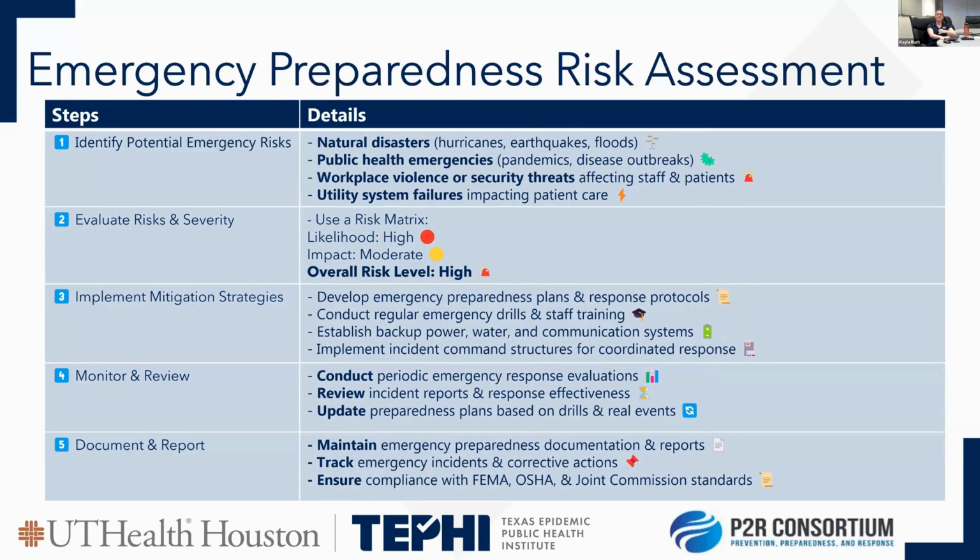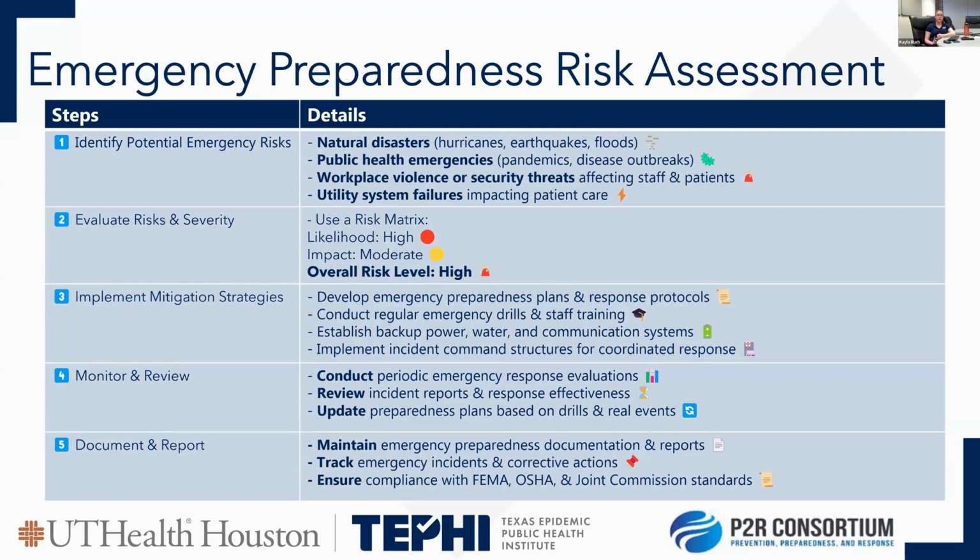For emergency preparedness, making sure that you are ready for anything, for pandemics and disease outbreaks, you are looking at the news and our HAN, our Health Alert Network system alerts that we put out, and other state and local community alerts. So you're working not only with your facility, but you're talking to your local health department and the state public health department about whether there are any pathogens of concern in the area, to see if you need to review your policies and procedures and know what to look out for and how to handle it.